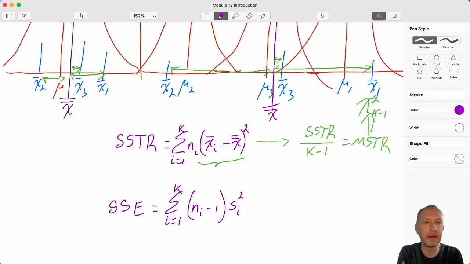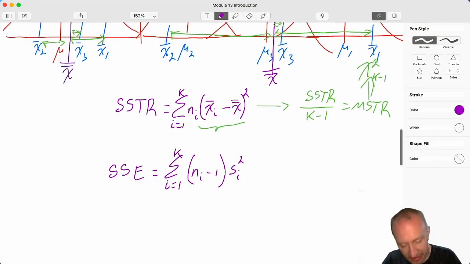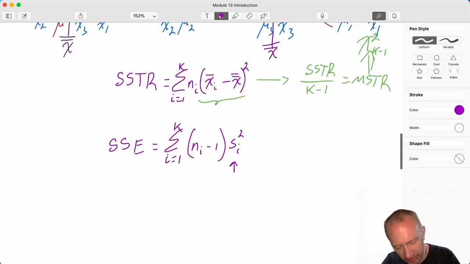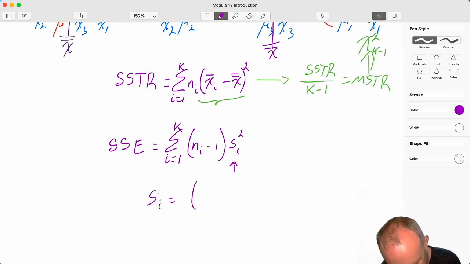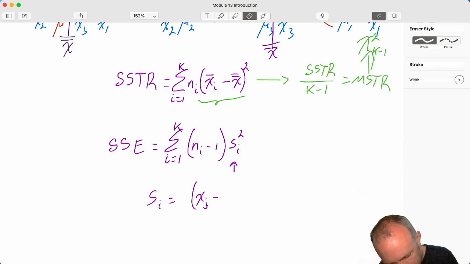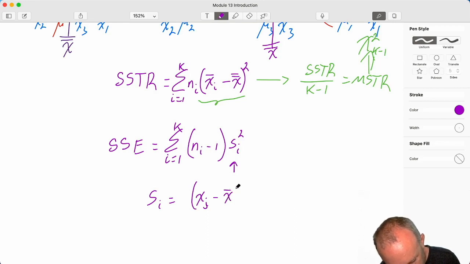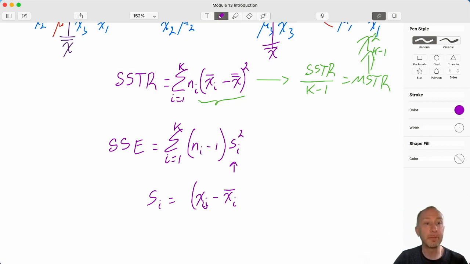And we add those up across each of those treatments, or each of those samples. Now, this sample variance, of course, we recognize that that is just calculated as the difference between individual observations and the respective sample mean.